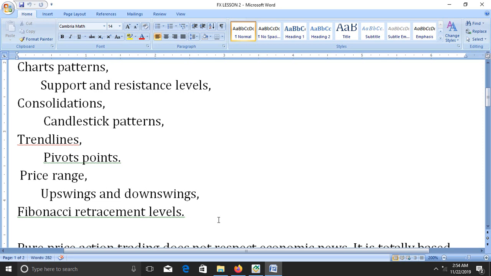So in this course, I'm going to elaborate the workings of these tools and their advantages, and how we can apply them directly to price action trading.